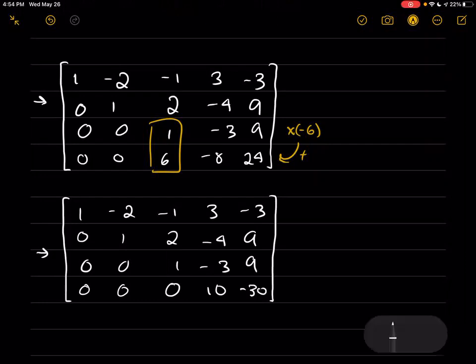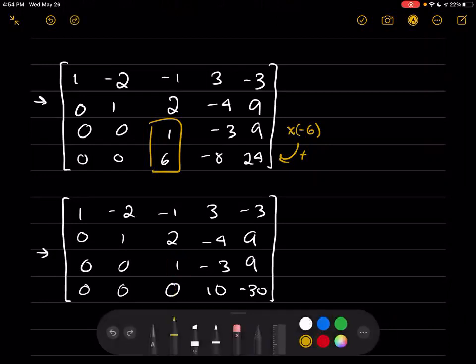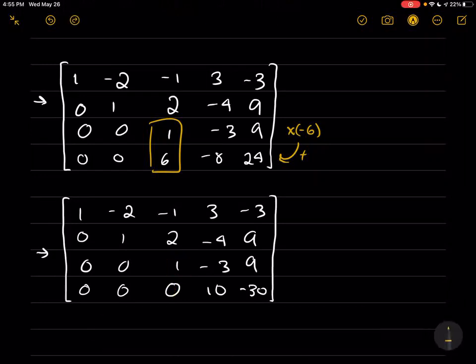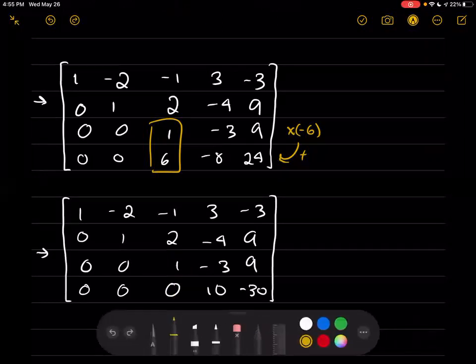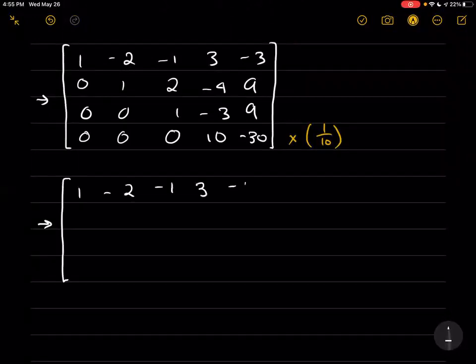Okay, so now we've got that 1, zeros below it. That's good. We're almost there for row echelon form. So this last row, we see we got like a 10 and a -30. I want to make that 10 a 1, right? So I'm going to divide out by 10, so multiply by 1/10, same thing. And when we do that, the other rows do not change.